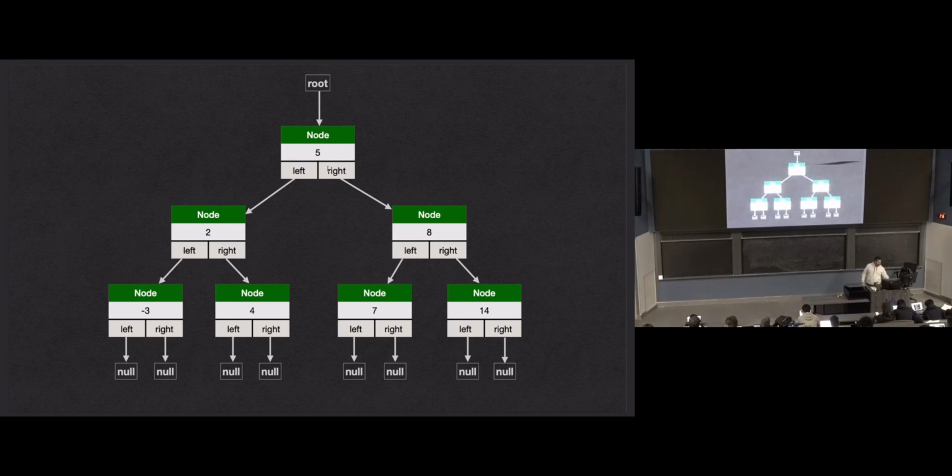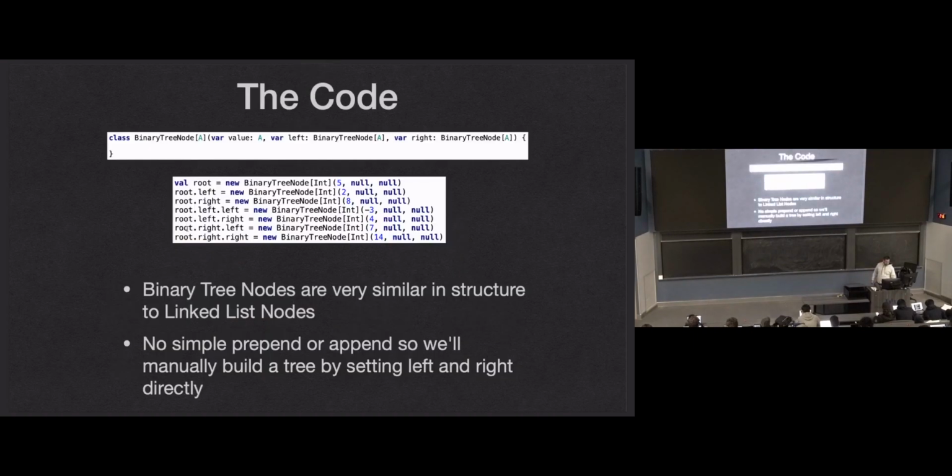The root.right.left equals a new node of 7, null, null. So that's how this code is manually building that tree from the previous slide.